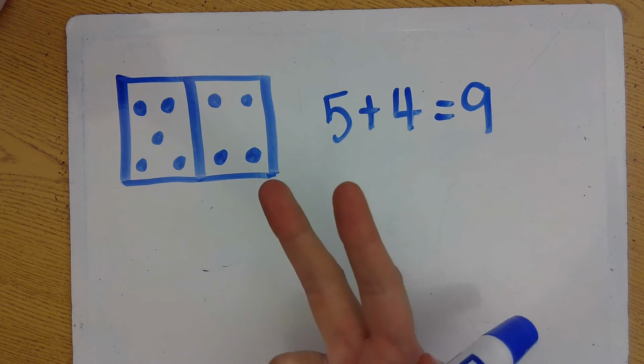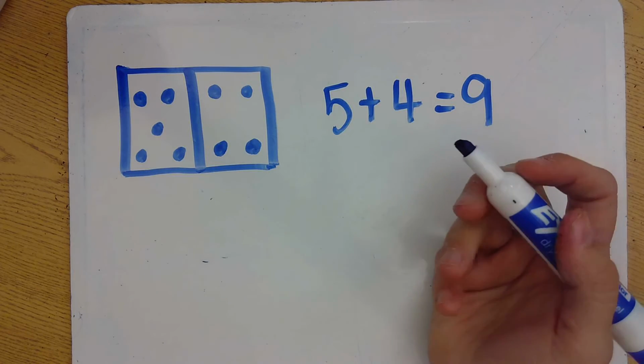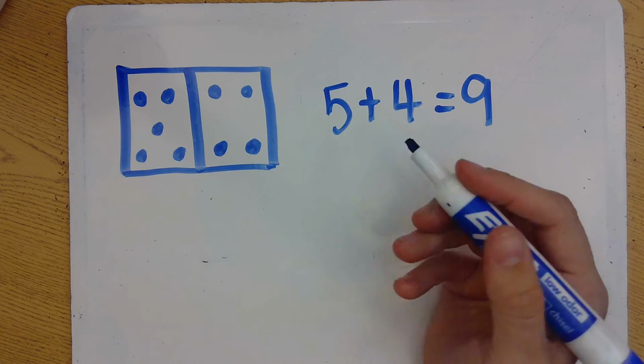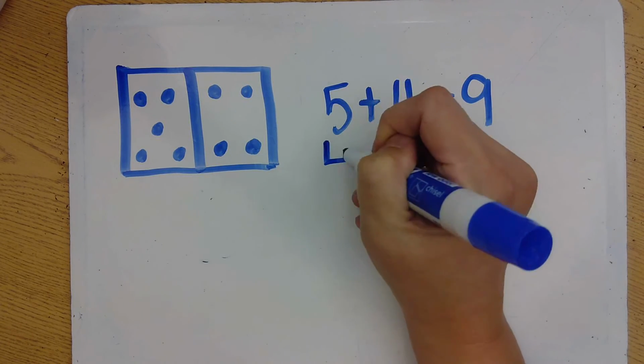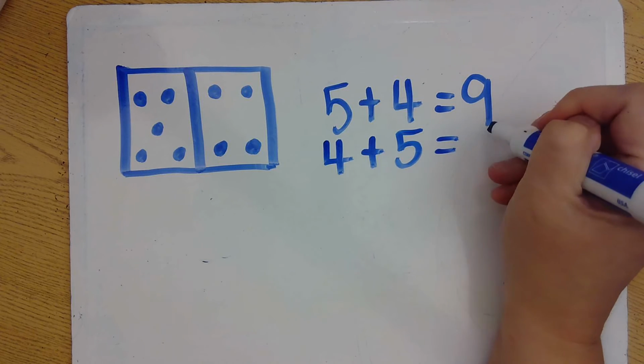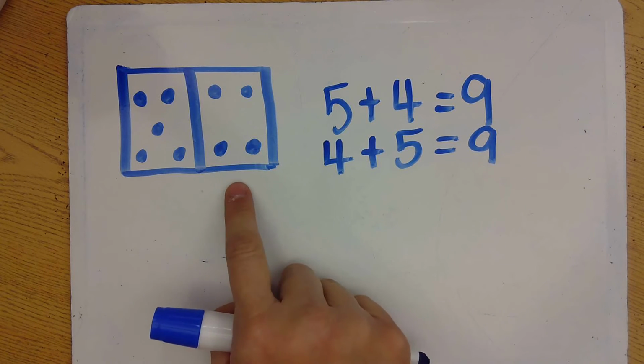Can you also turn these around? Absolutely. We can do the turnaround problem because we know that we can do turnaround problems when we work on addition. So we can turn these around to say 4 plus 5 equals 9. Well, did you know that we can also come up with a subtraction problem?